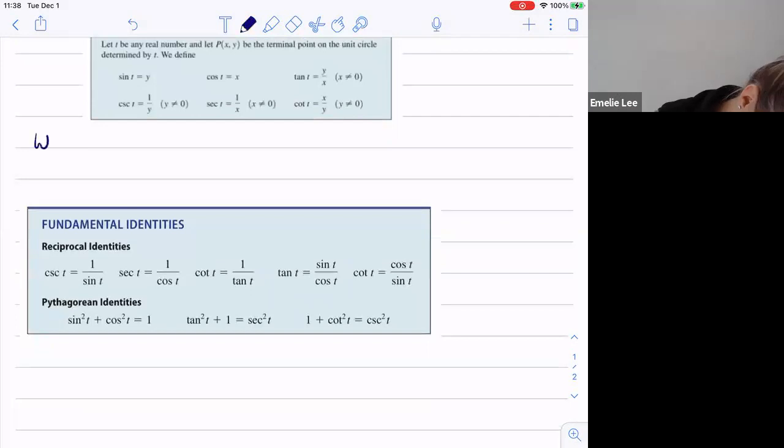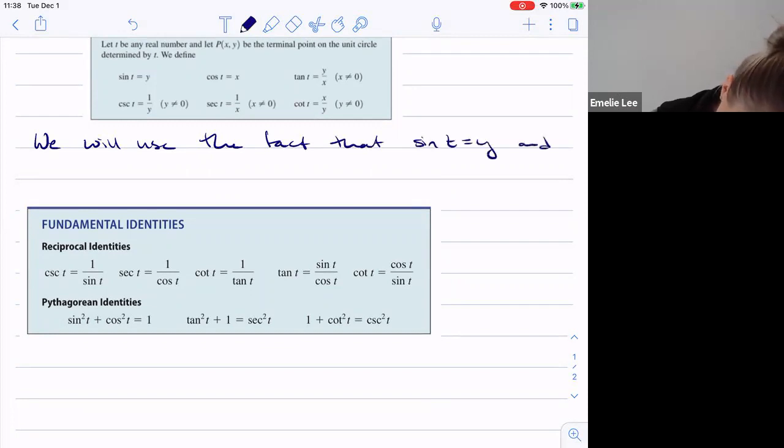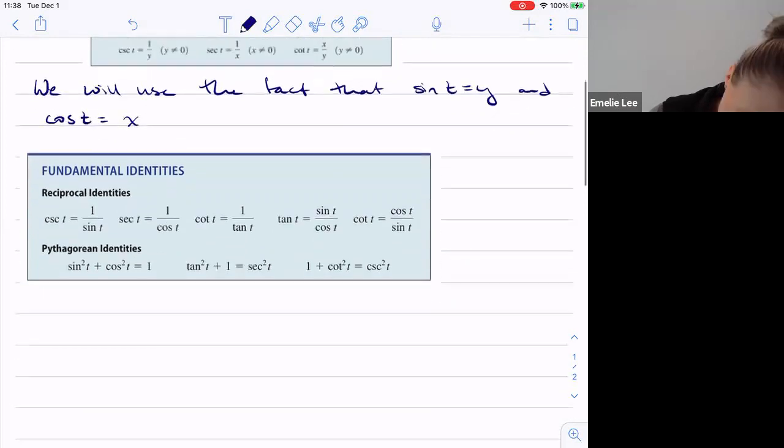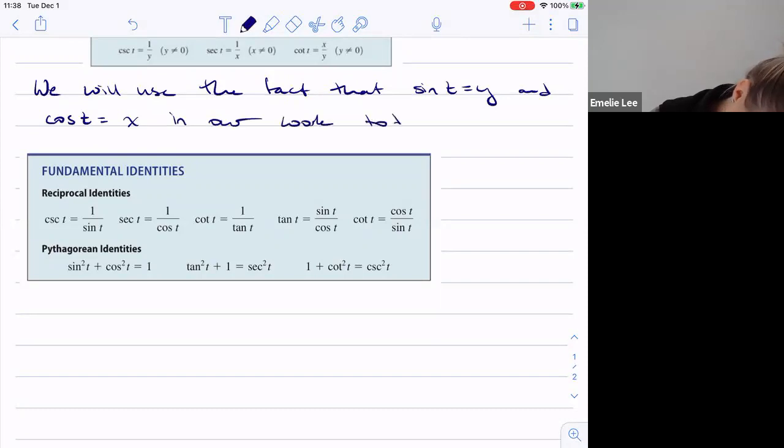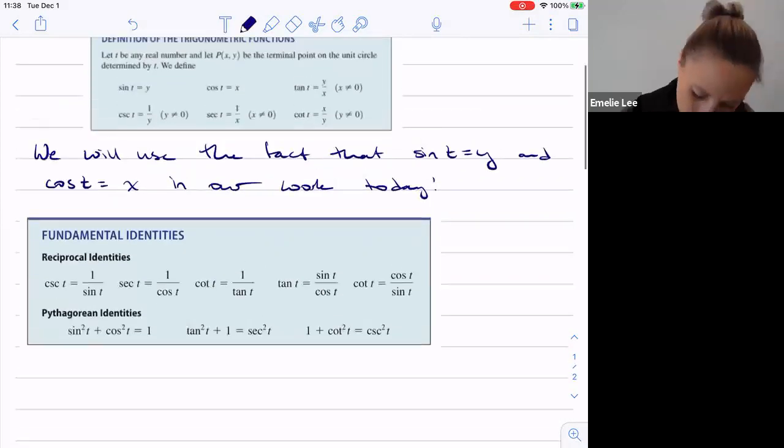Okay. So we will use the fact that sine t equals y and cos t equals x in our work today. Right.